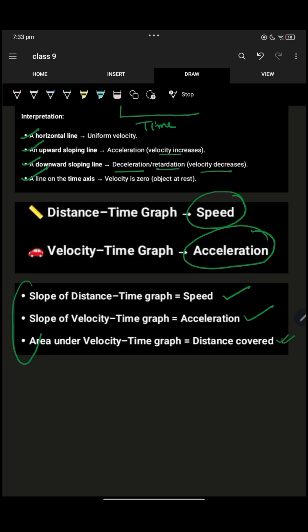So these 3 points are extremely important in order to remember how to find the speed of a moving object from a distance time graph, how to find the acceleration from a velocity time graph, and how to find the distance covered by a moving object from a velocity time graph.